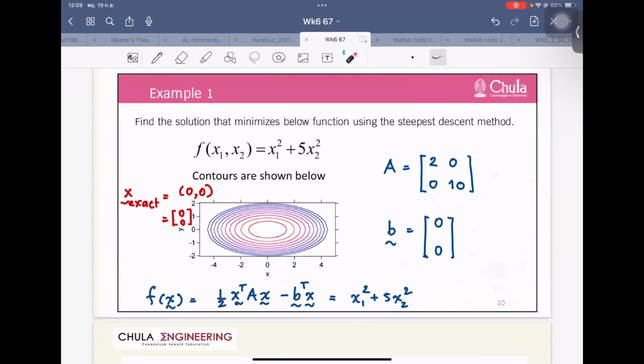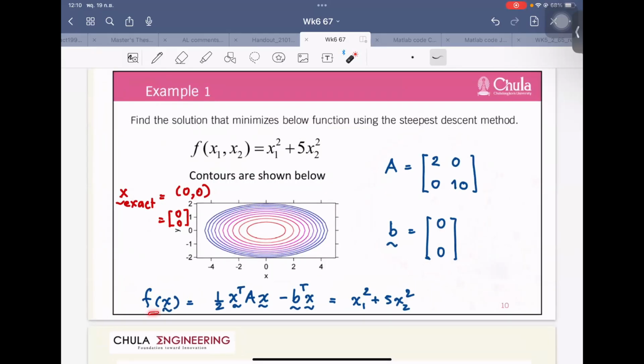Now if we are given matrix A and vector b like this, we can write that our quadratic function f is defined by this.